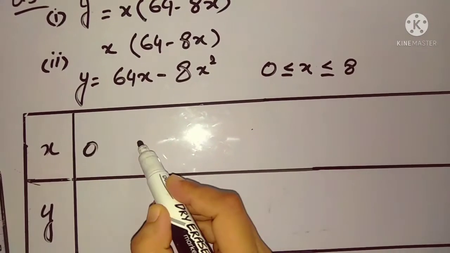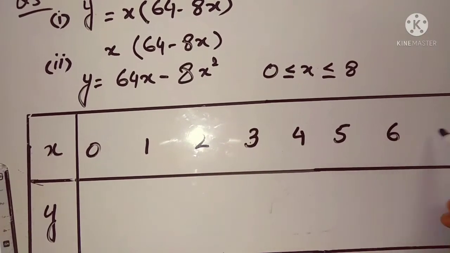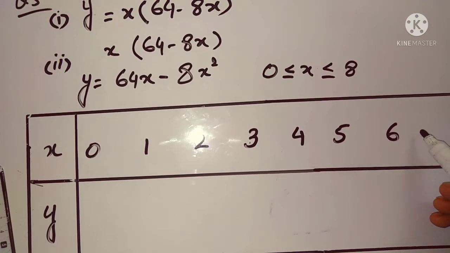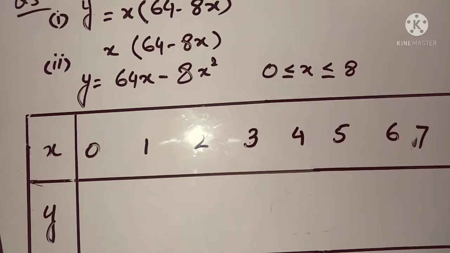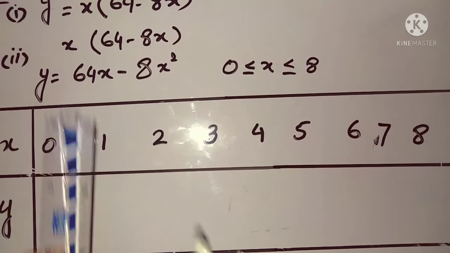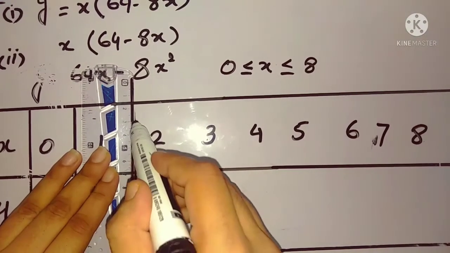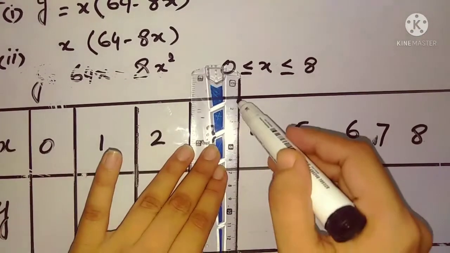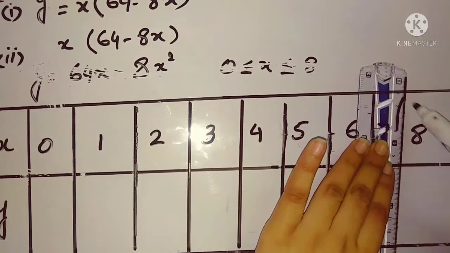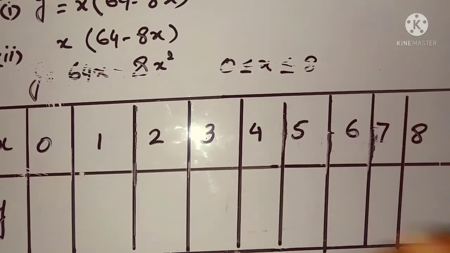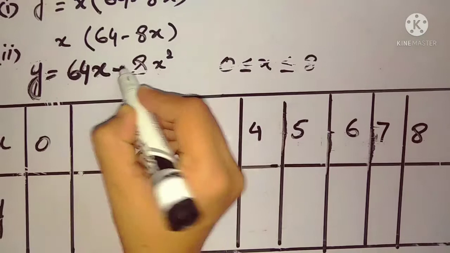So 0, 1, 2, 3, 4, 5, 6, 7, 8. Now what you need to do is put the values of x in this equation, which is y is equal to 64x minus 8x square.